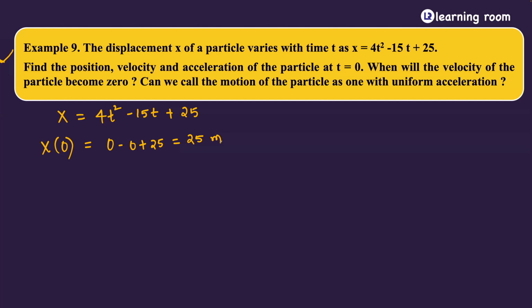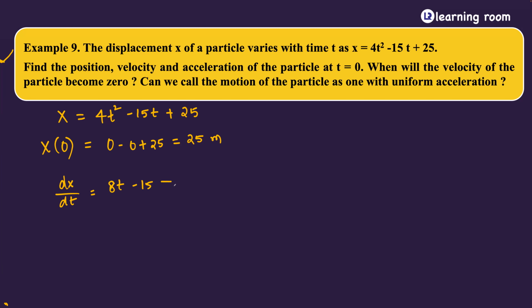Okay. For initial velocity, what I need to do is find dx divided by dt. You substitute t is equal to 0. No, sorry, not 25. Derivative of 25 is 0. Correction. So derivative of 25 is 0.